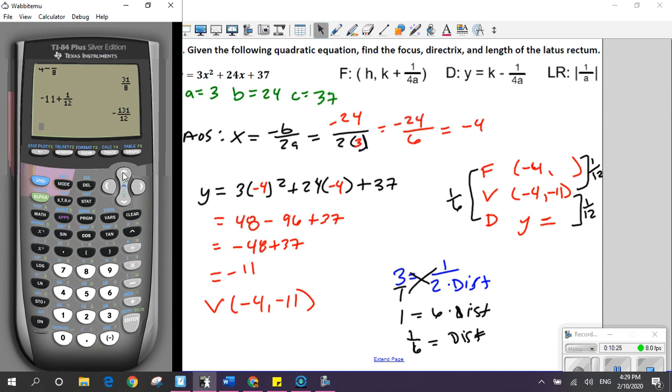And I need to now subtract. So the y value for the focus is negative 131 over 12. The y value for the directrix is negative 133 over 12.